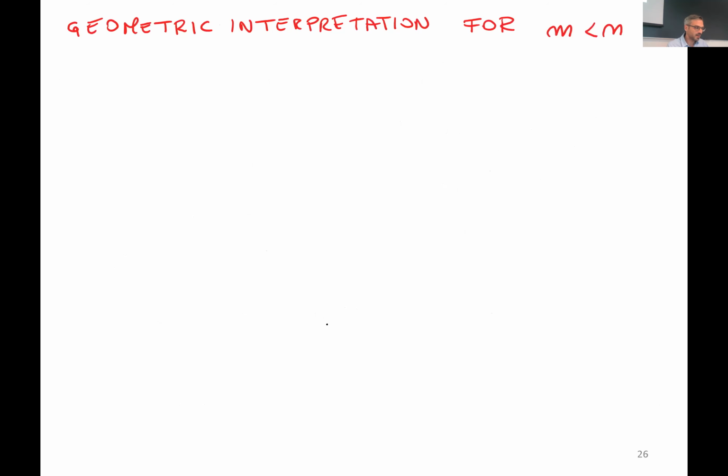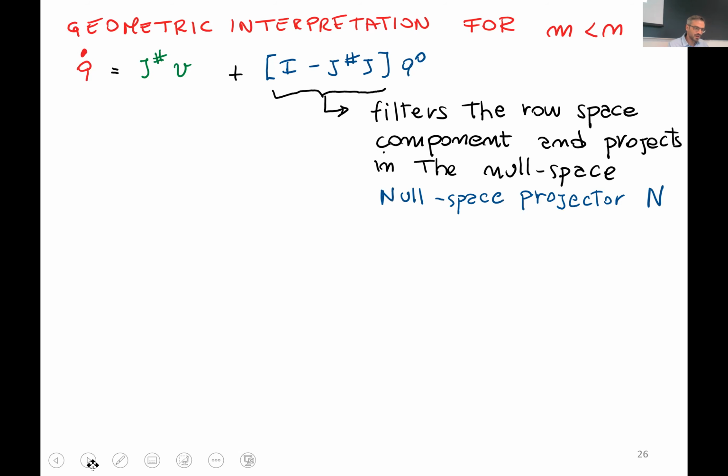Yeah, then we can have some geometric interpretation of what we wrote before. Remember, this is the row space projector, this is a null space projector that filters out the row space component and projects Q0 in the null space.